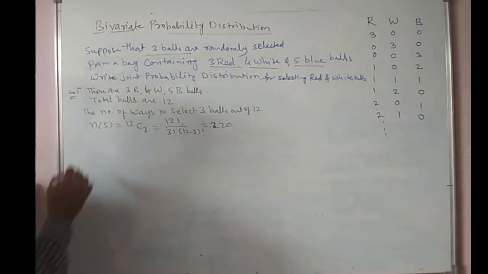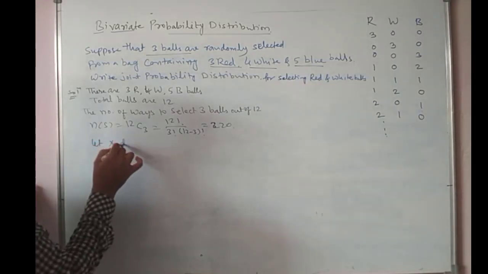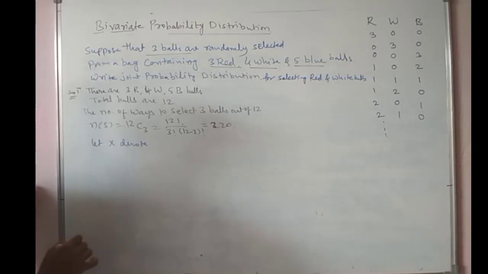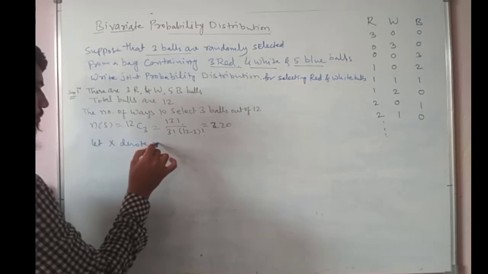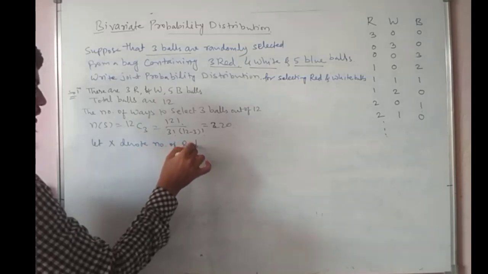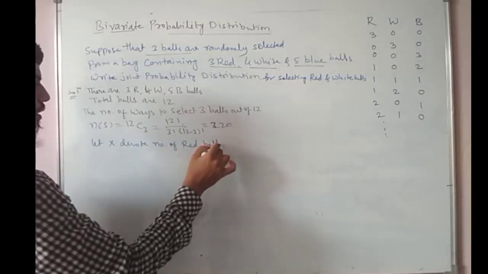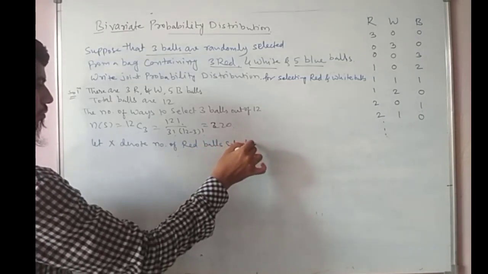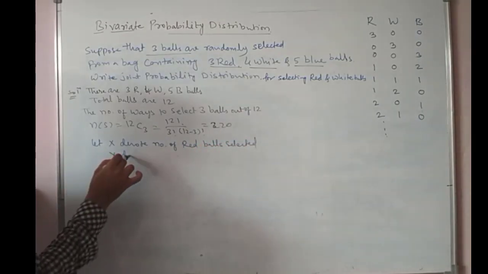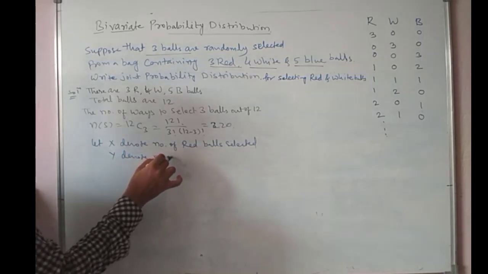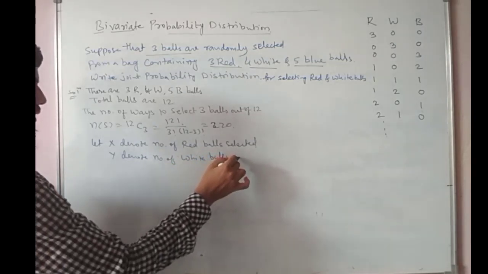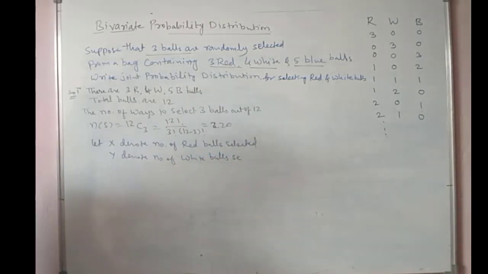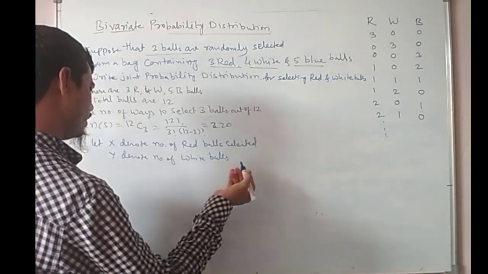So let X denote the number of red balls selected, and Y denote the number of white balls selected.